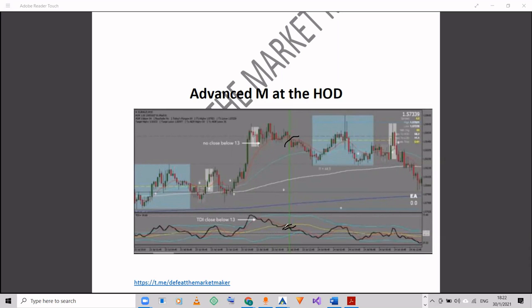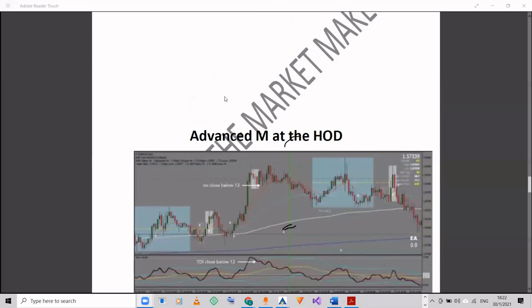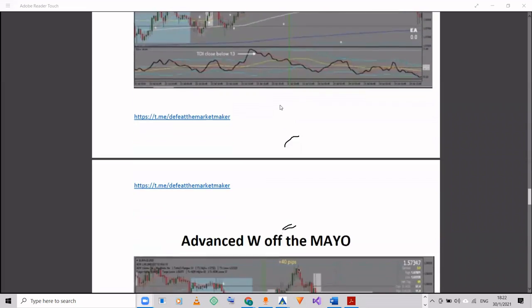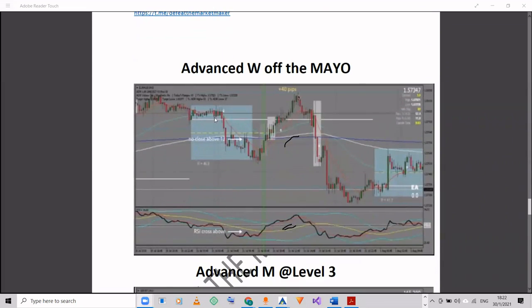The confirmation, just the same thing. This is the advanced M at the high of the day. This is the advanced W. As you can see, there was no close below the EMA, so this is almost the same as the trade that we caught, which formed two patterns on one single day.